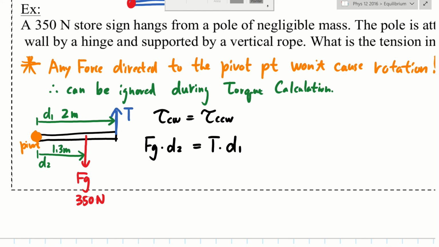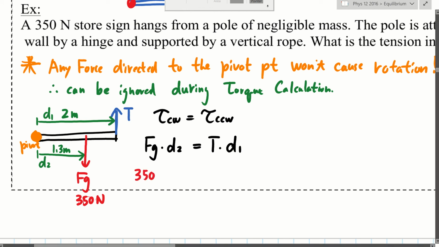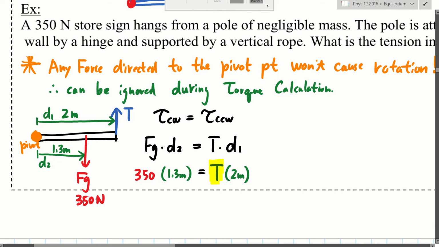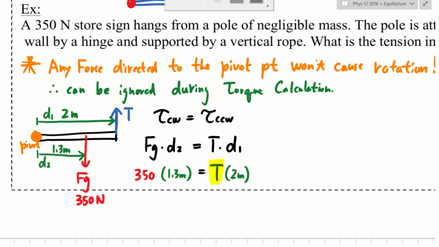And the distance to the pivot is different depending on which force you're looking at. So, for example, Fg is 1.3 meters away from the pivot, whereas tension is actually the unknown, so it's okay, leave it there. The tension is 2 meters away from the pivot. So the calculation is stupidly easy. All you have to do is multiply and divide.